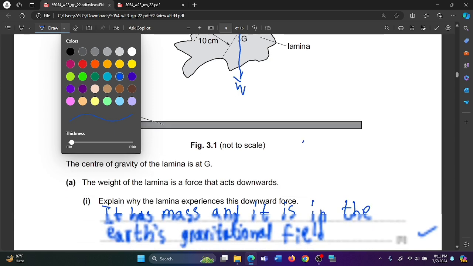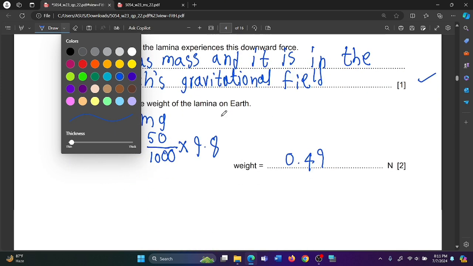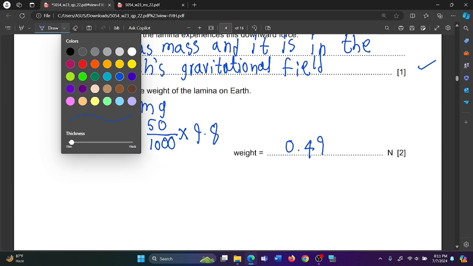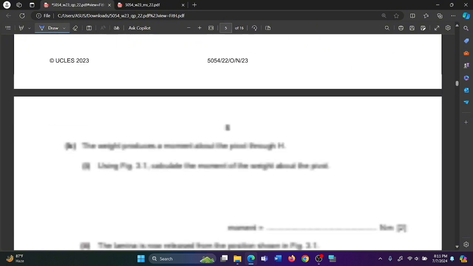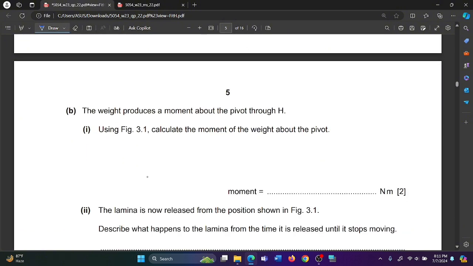Now let's do the calculations. The weight is 0.49 and the perpendicular distance is 8 centimeter. We need to convert 8 centimeter into meter as meter is the SI unit.